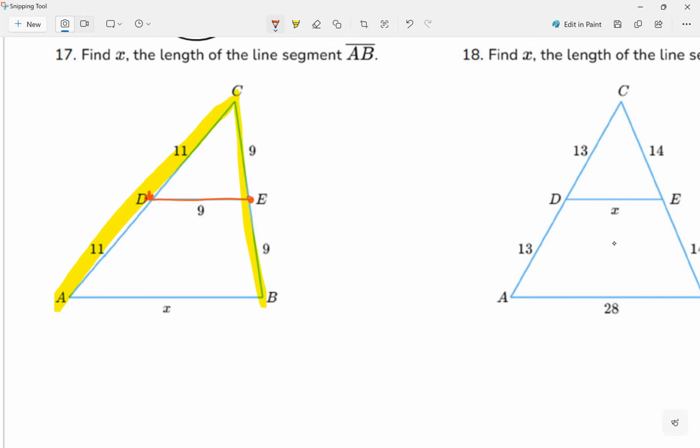Now, one thing that is very interesting is the small triangle that we created here. It is similar to this big triangle, not congruent. So the sides are proportional.